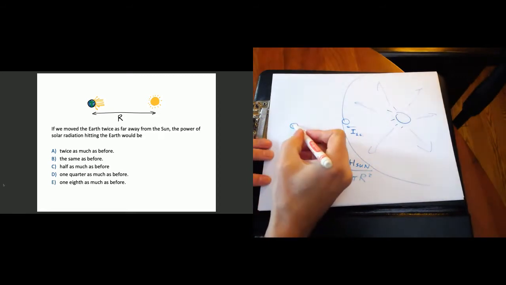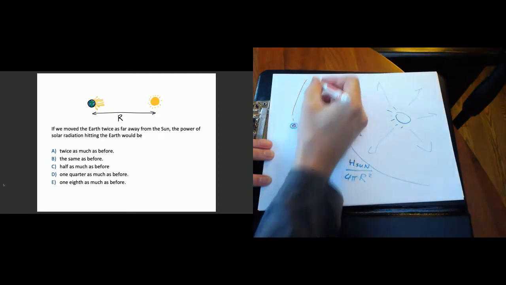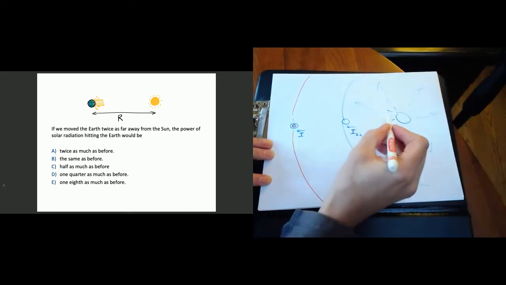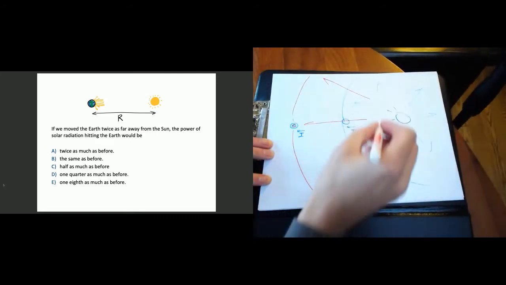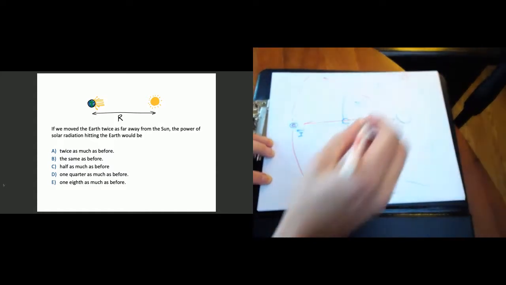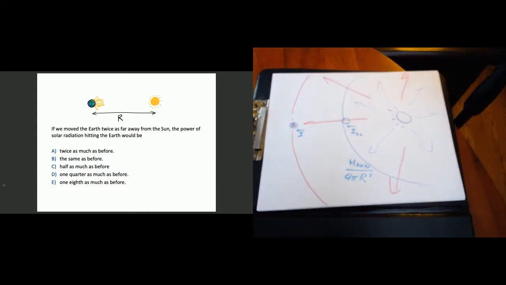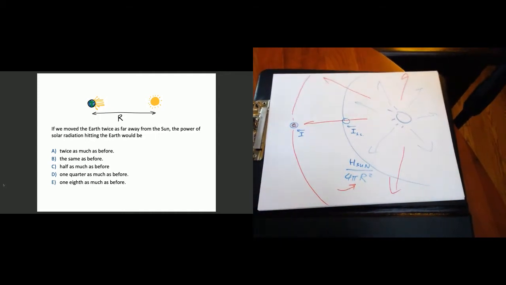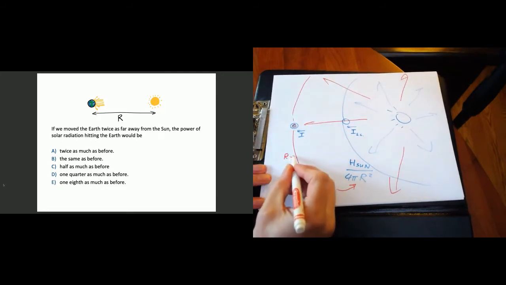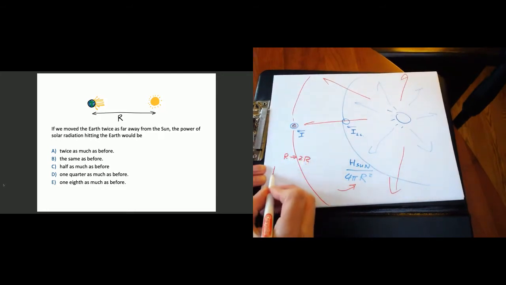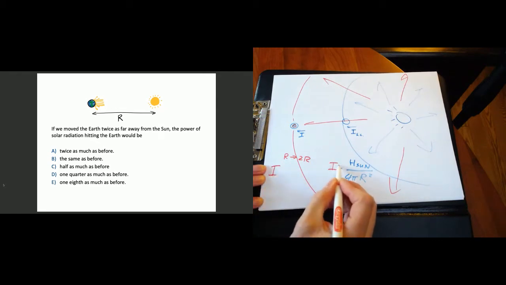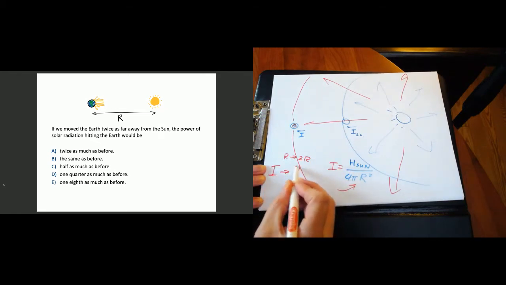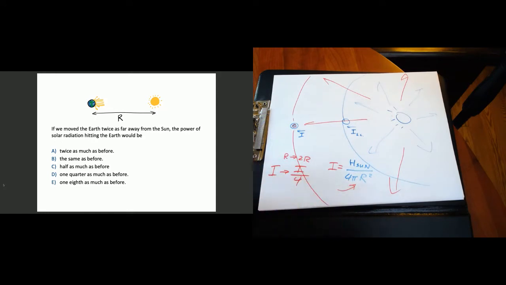If we think about the Earth moved twice as far away, the sunlight would now be spreading out over the whole surface of a sphere which has twice the radius. Instead of 4 pi r squared on the bottom, r is replaced with 2r, and so the intensity is replaced with the intensity over 4.